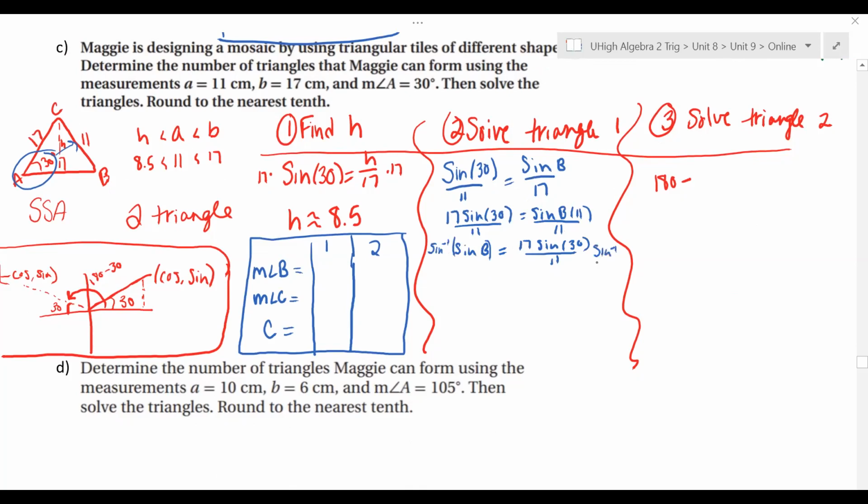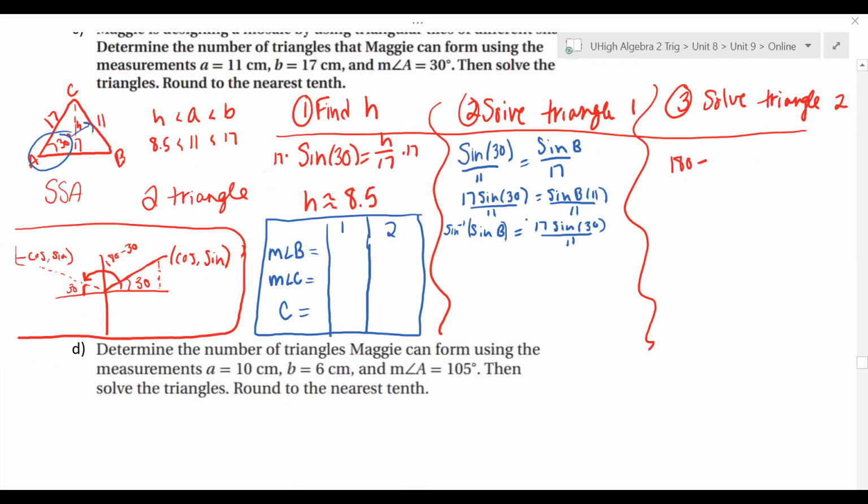I'm going to write it in front, the inverse sine of both sides. And when I type this right side into my calculator, I find that the measure of angle B is approximately 50.6. So I'm going to write 50.6 in here for the measure of angle B.